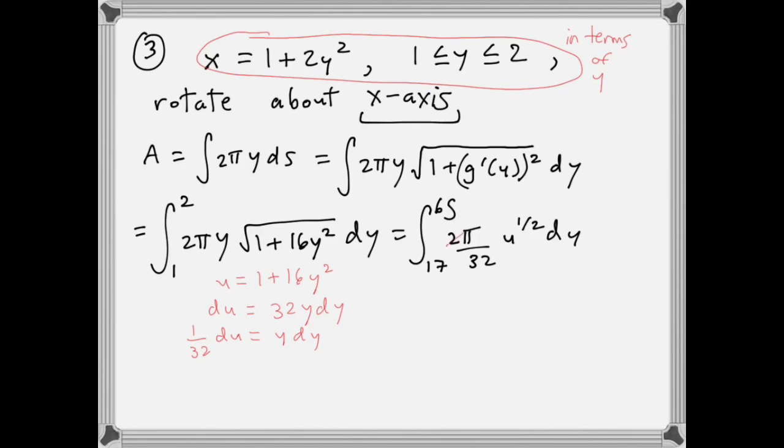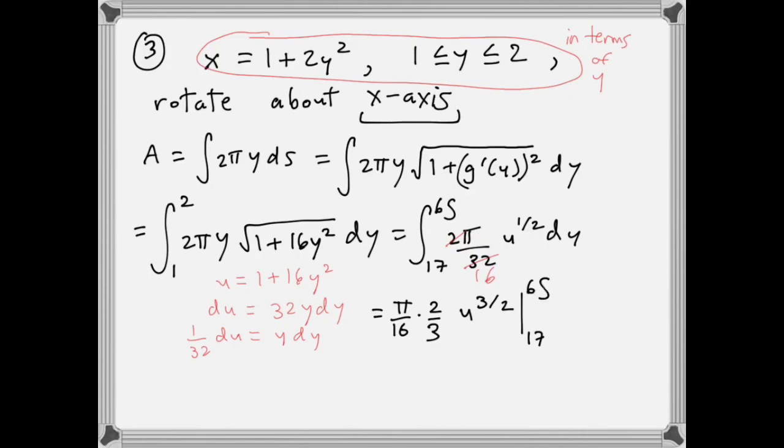Very similar to the last problem. I can reduce this fraction. And then when I do the antiderivative, I get 2/3 u to the 3/2. So this is going to become pi over 16 times 2/3 u to the 3/2. And I'm going from 17 to 65 here.